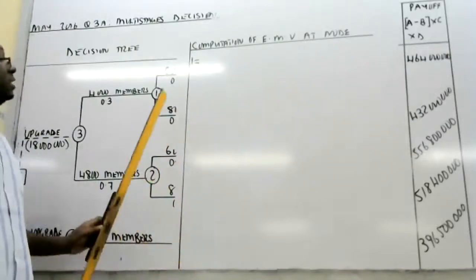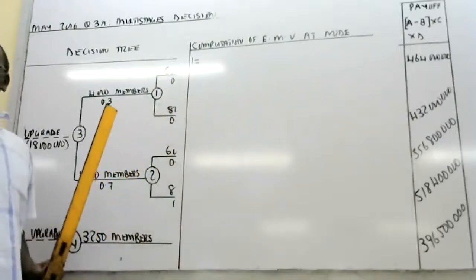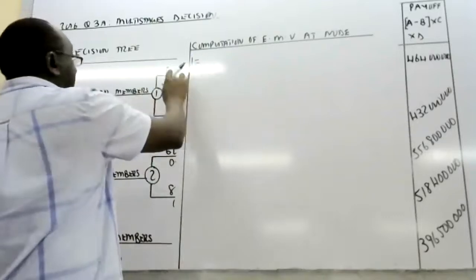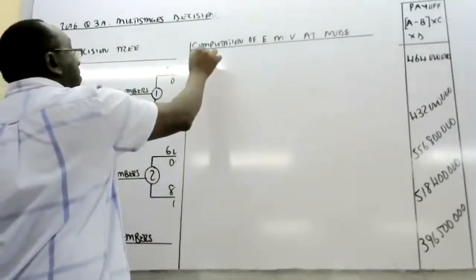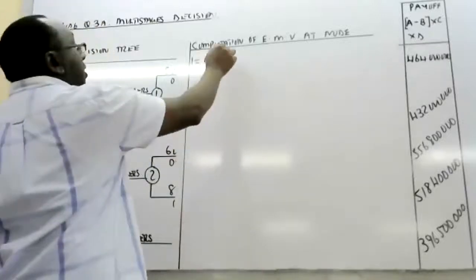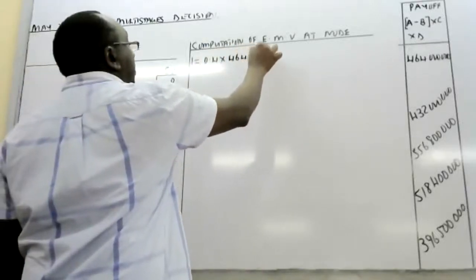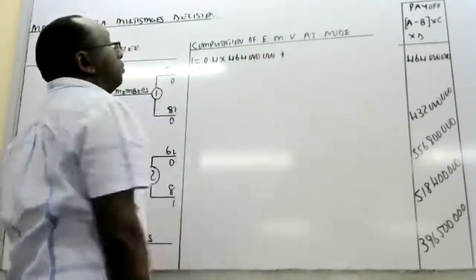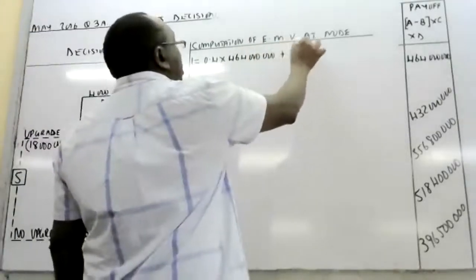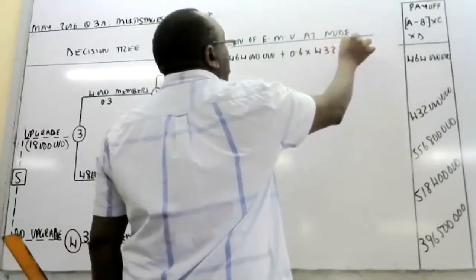You can see the lines coming out of node 1, they are complete. So if they are complete, we have said you multiply. So the probability here was 0.4 multiplied by the payoff there, which is 464 million, plus 0.6 multiplied by 432 million.